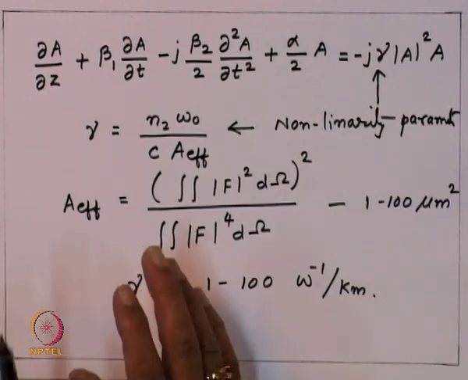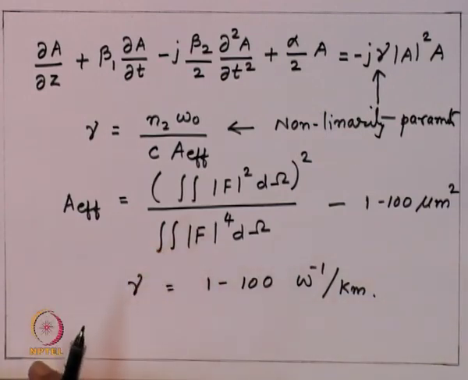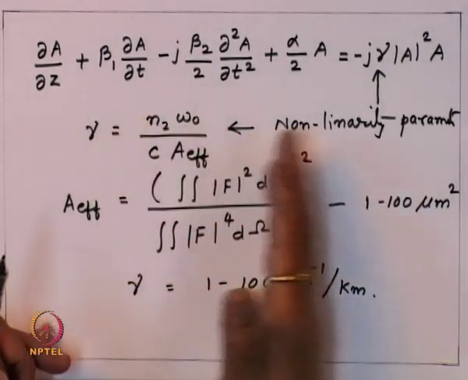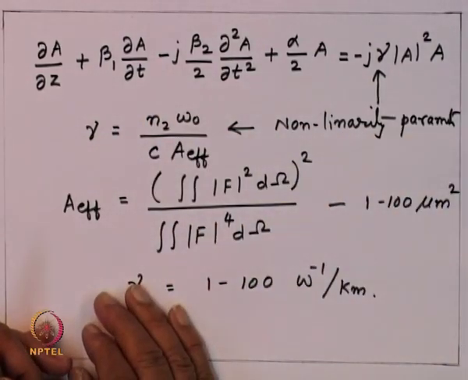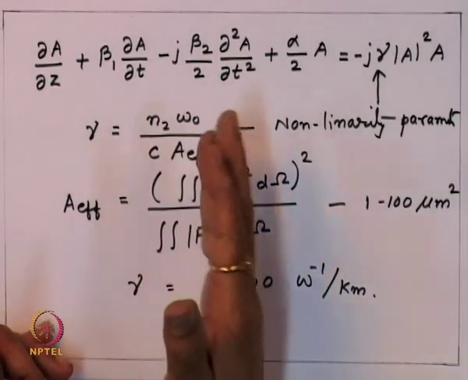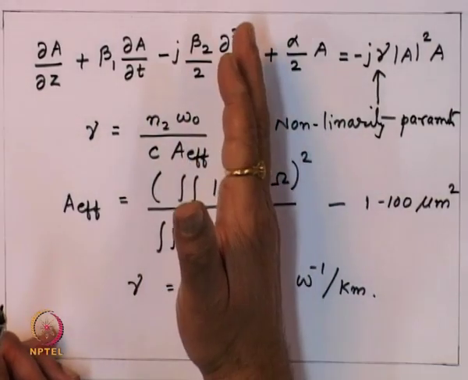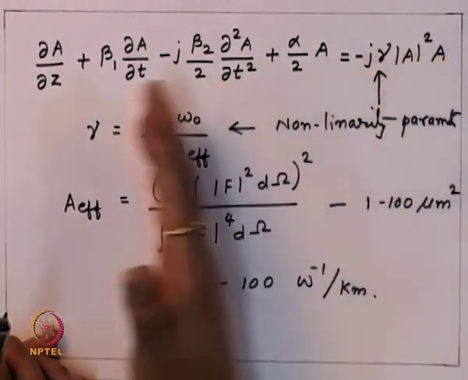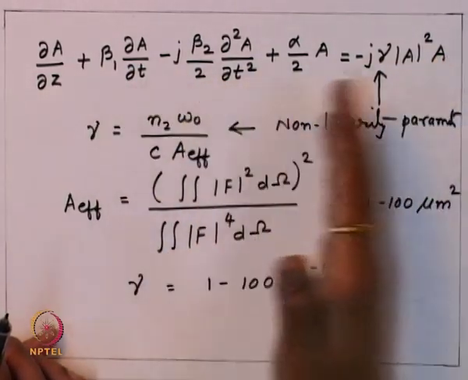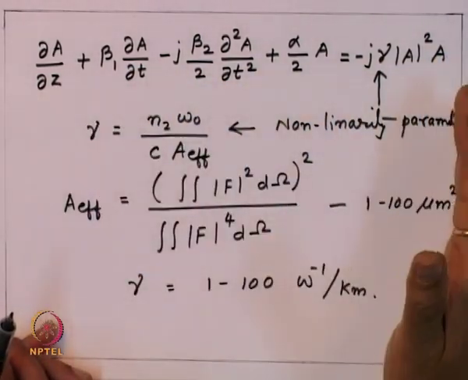Let us say we consider now a situation where we are moving with the pulse. That means, if I just take a situation where the pulse is not stationary, but the pulse is moving, and that is moving with velocity which is the group velocity. So, we move with the group velocity.